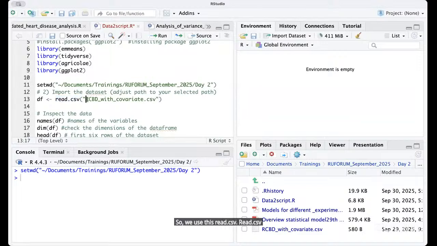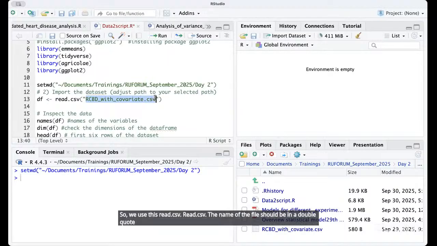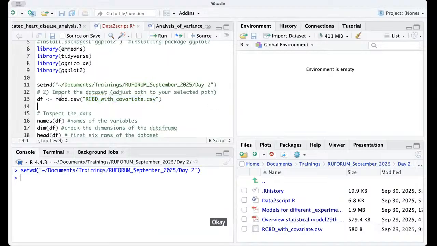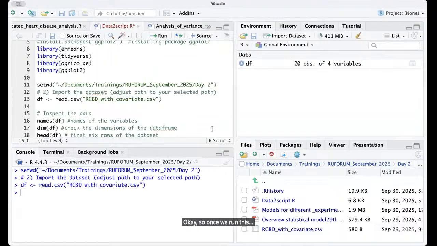The name of the file should be in double quotes. Once we run this, it shows in the environment what I've called DF. It has 20 observations and 4 variables.